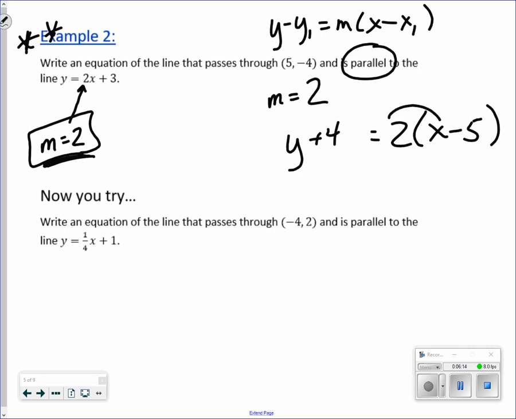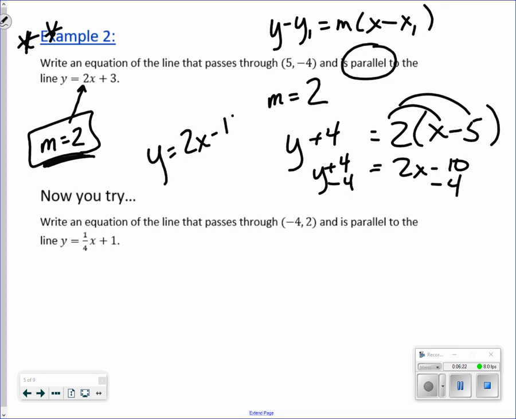Two parts now, distribute, and then subtract. So the answer to the question, what is the equation of a line that passes through (5, -4) and is parallel to y equals 2x plus 3, is the line y equals 2x minus 14.